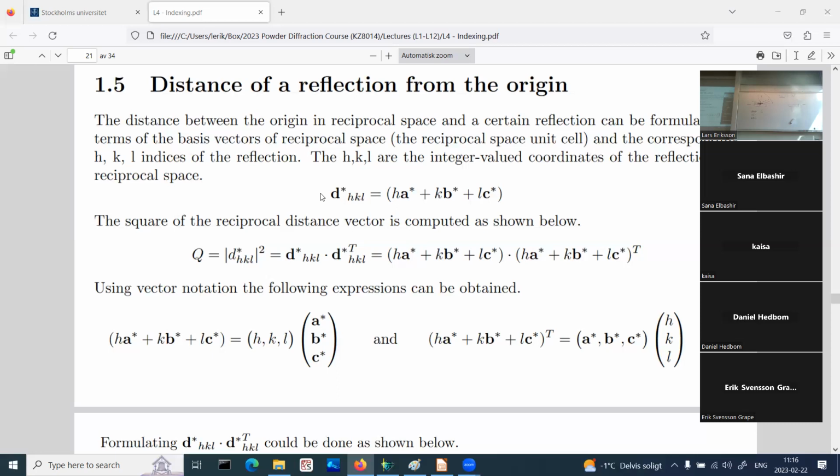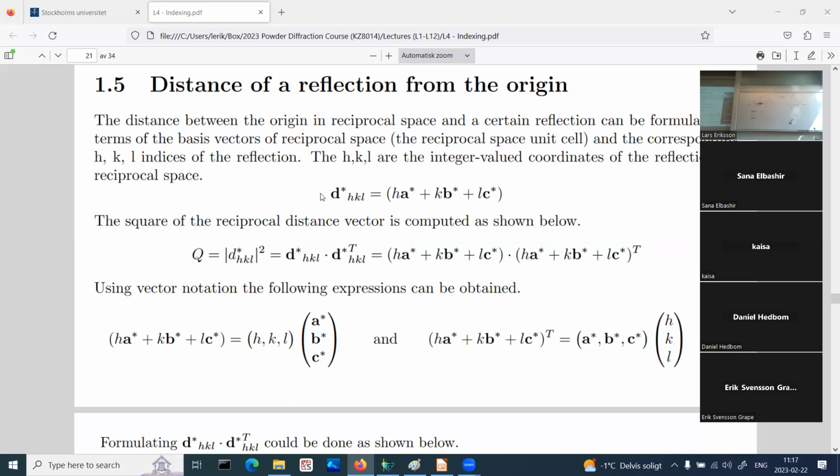A vector squared is usually done by a vector times the vector, a row vector times a column vector, or the opposite. And then we take the transpose of the vector. So this one is the HKL scalar with a T, and the other one the transpose.